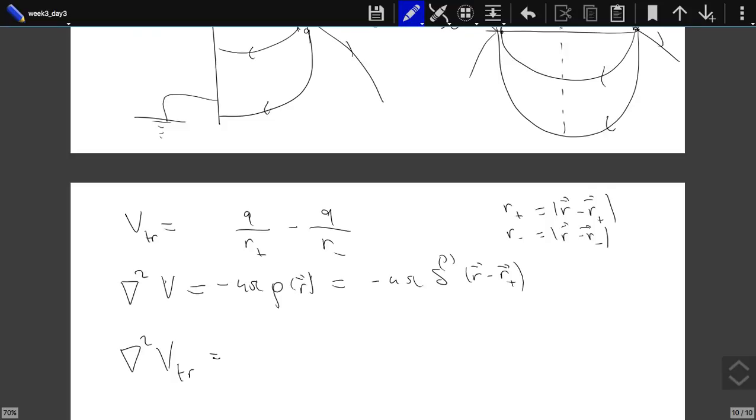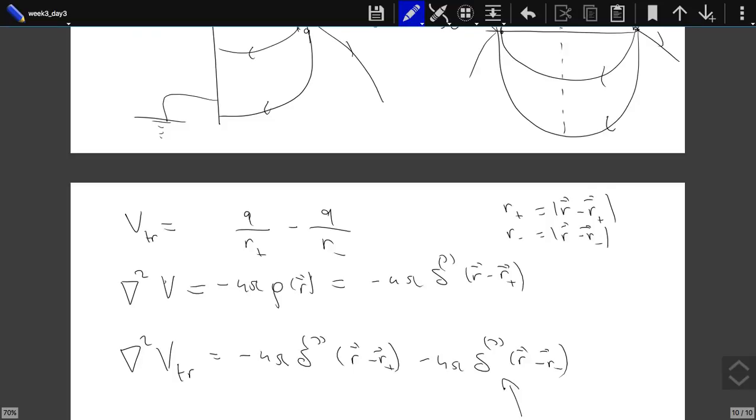If I act with the Laplacian, 1 over R plus just gives me a Dirac delta. So I have this three-dimensional Dirac delta, r minus r plus, minus 4 pi times the three-dimensional Dirac delta, r minus r minus. It almost satisfies my Poisson equation, but there is this additional term.